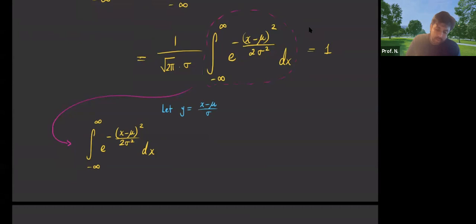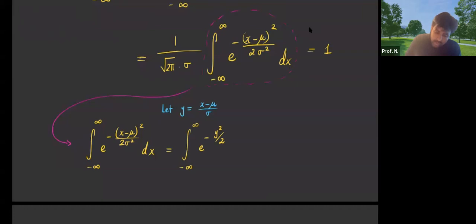So I'm going to rewrite this. Making that change of variables, I get the integral from negative infinity to infinity of e to the negative y squared over 2.